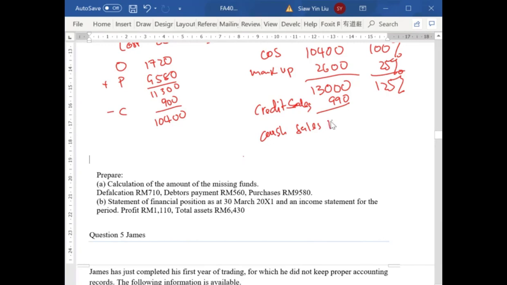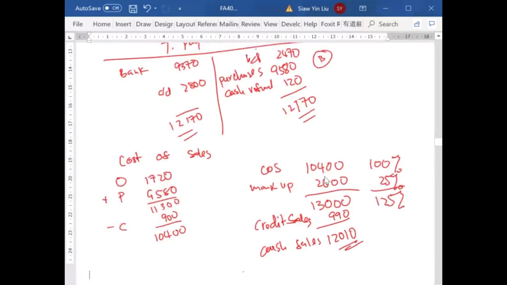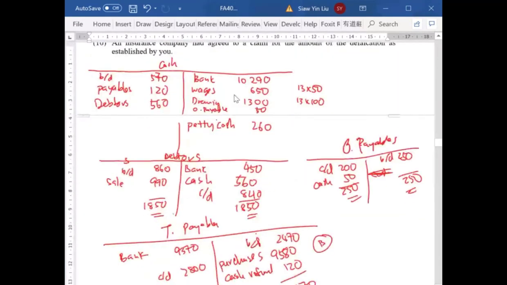The balance is 12,000. So here, cash sales 12,000.